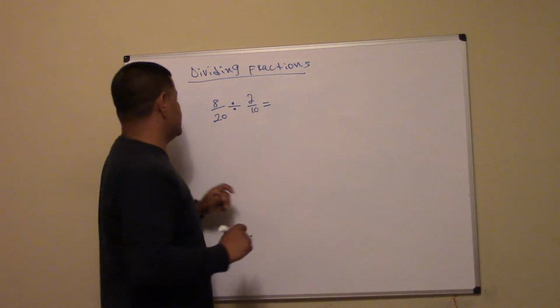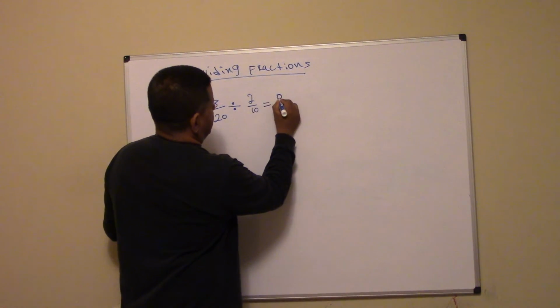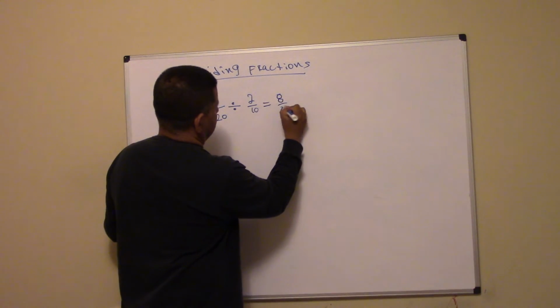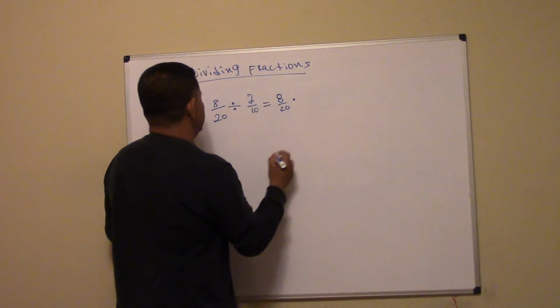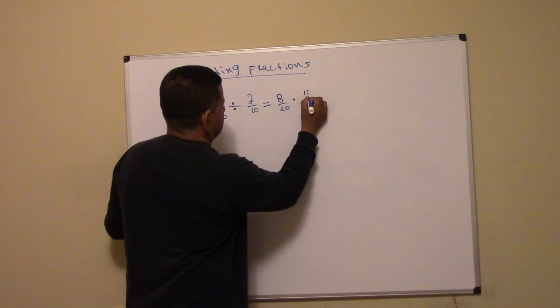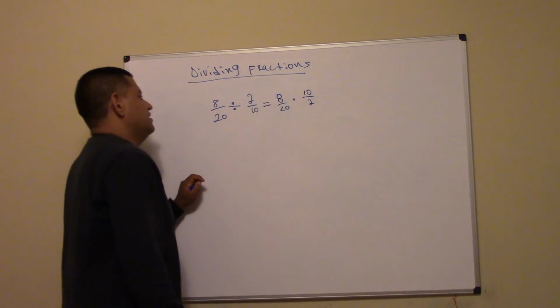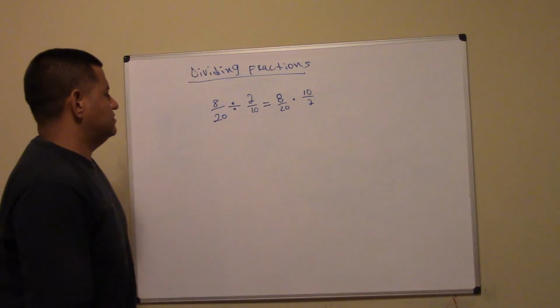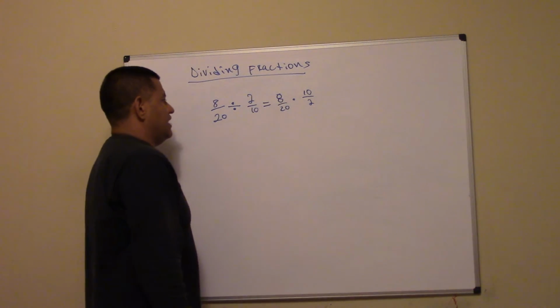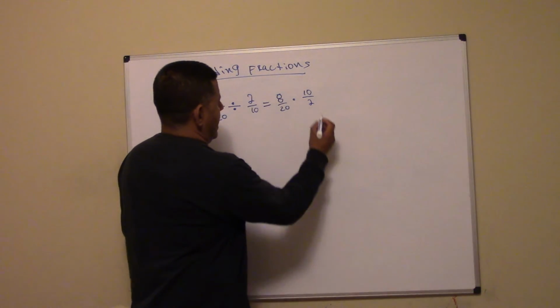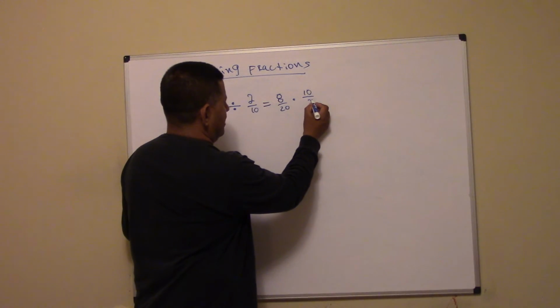So it's 8 over 20 times 10 over 2. Now I'm allowed to cancel.